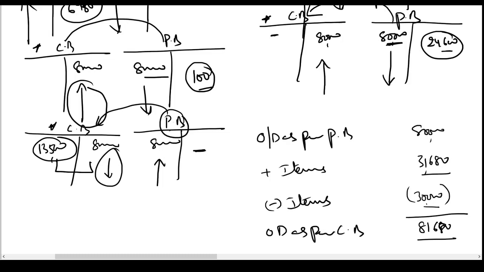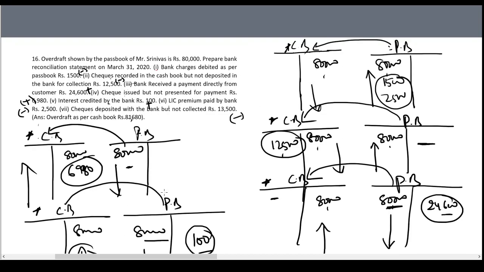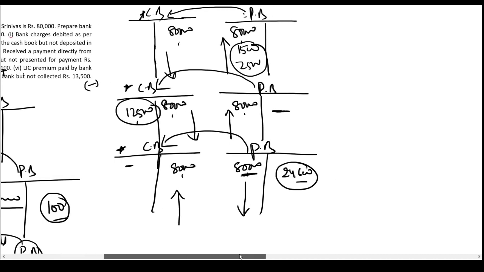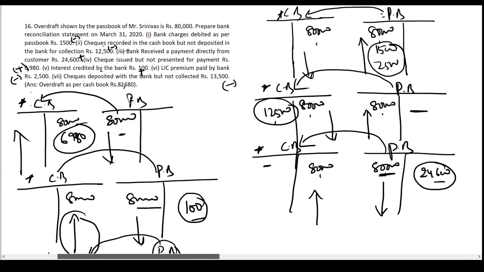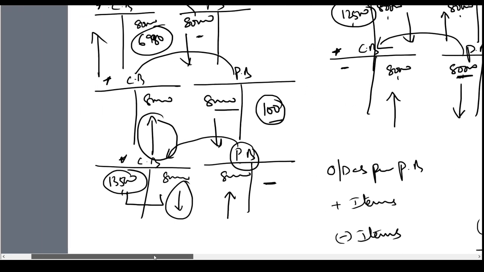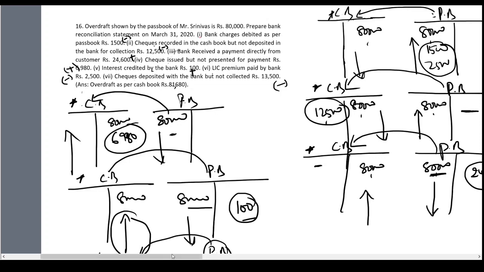For the sake of ease, what I'll do is I'll write the items which I've added for plus and minus here. 100 rupees is added, 6980 is added, and 24,600 is added. So this is 24,600 plus 6980 plus 100. This is 1500 plus 12,500 plus 13,500 and another item of 2,500.